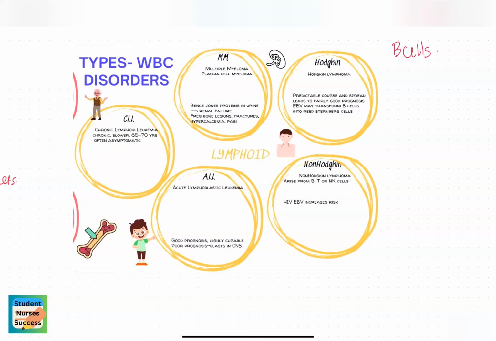And the first one is CLL, or chronic lymphoid leukemia. Now, the thing about CLL is that it is actually a slower chronic onset, and we see it mostly in older adults, and it's often asymptomatic, so it's really not causing a ton of problems. In fact, we know that survival is anywhere from 8 to 24 years.